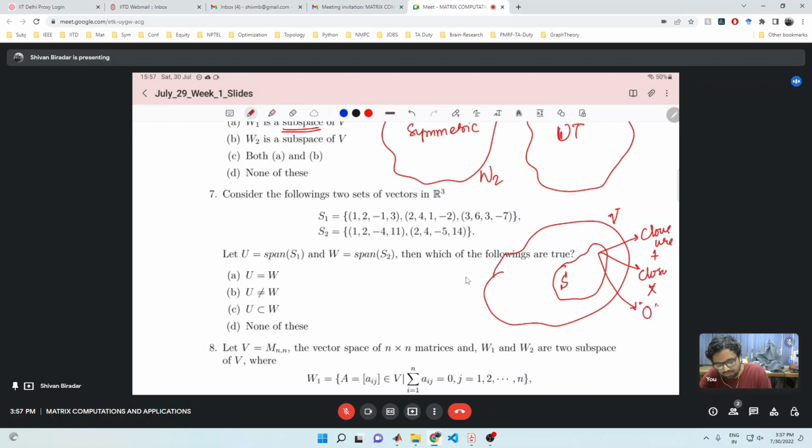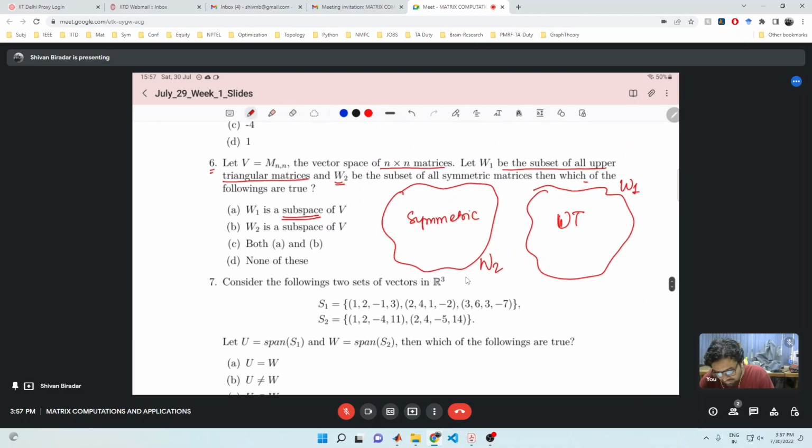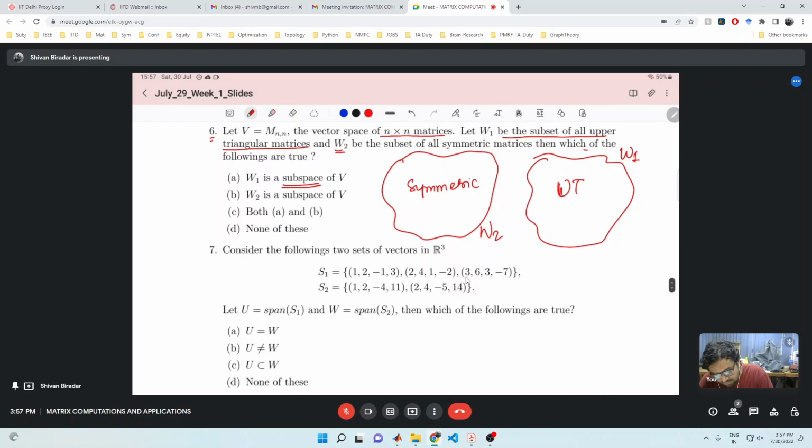If these three properties are satisfied for a subset in a vector space V, then we say that this subset is a subspace. So is this being satisfied? W1 is a subspace. Yes.